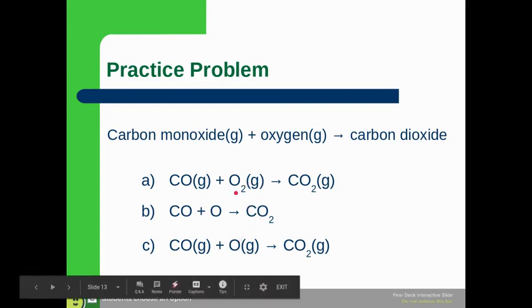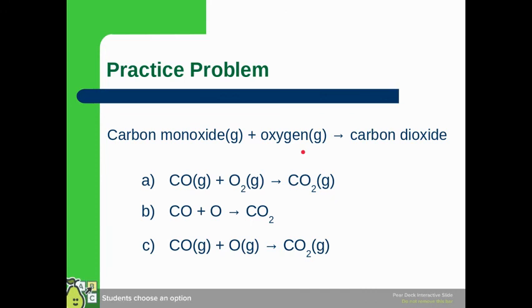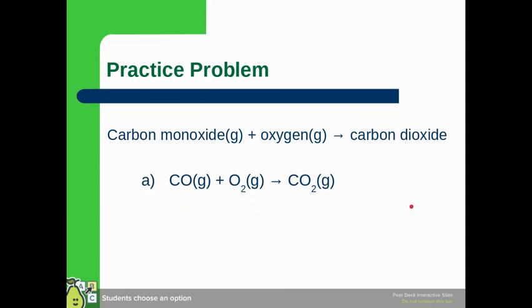One is listed as O2 and the other one is just listed as O. Since oxygen is one of the diatomic elements, when it's by itself in a chemical reaction, it will always be in the form of O2. So this diatomic element O2 is correct. Therefore, the first option is the correct option.